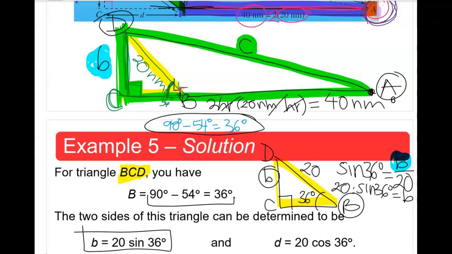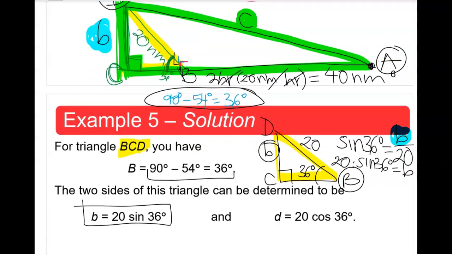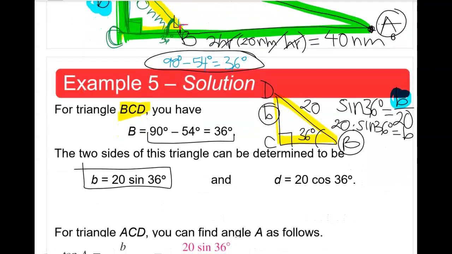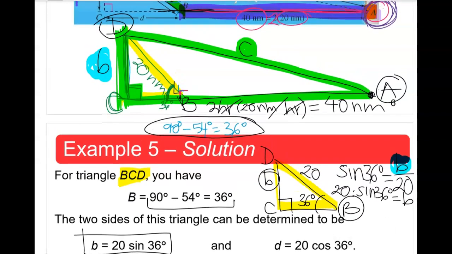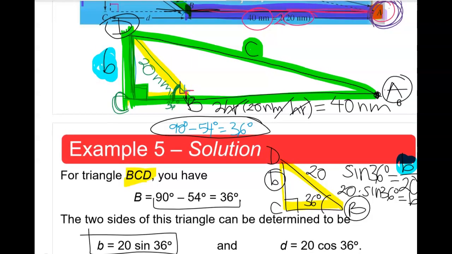Now we're going to take the big triangle, or in fact, no, not yet. We need to find the measurement of the other side. Why? Well, because we know that this part here we know is 40, but we do not know the length of this one.